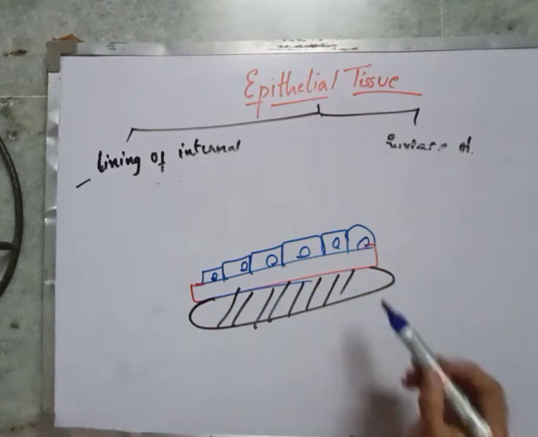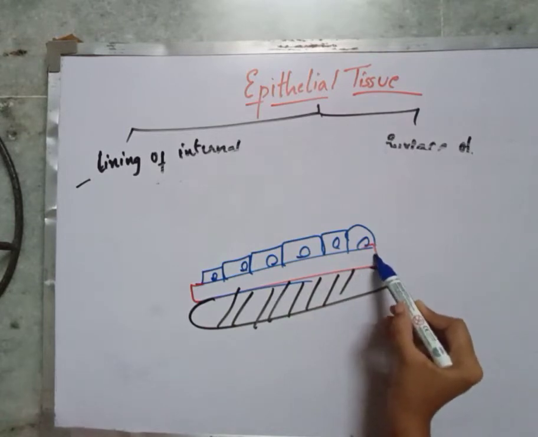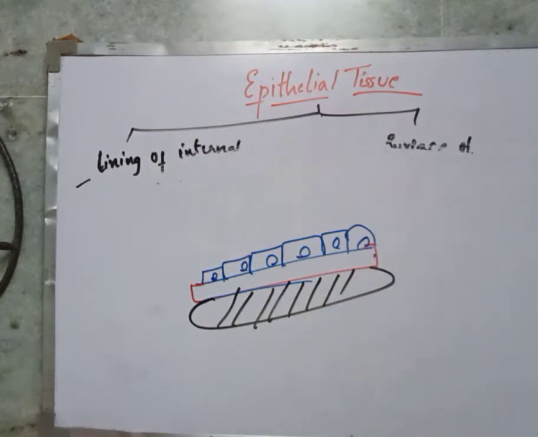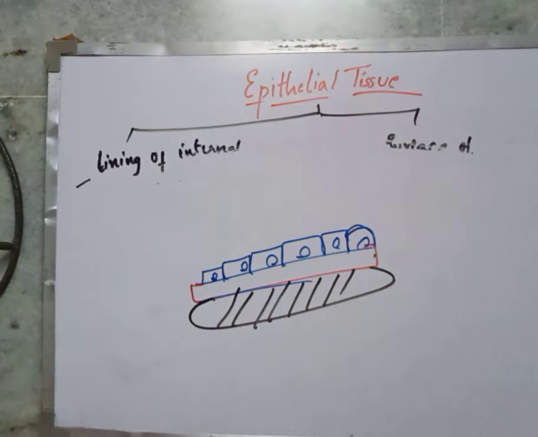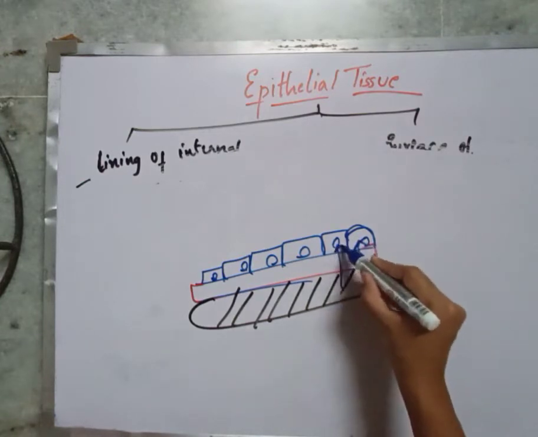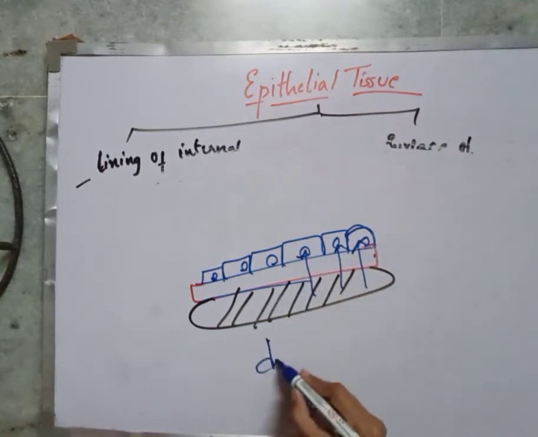So the epithelial tissue is present on the basal membrane, and this basal membrane is present above the underlying tissue. The epithelial tissue obtains nutrients from the underlying tissue by a process called diffusion.